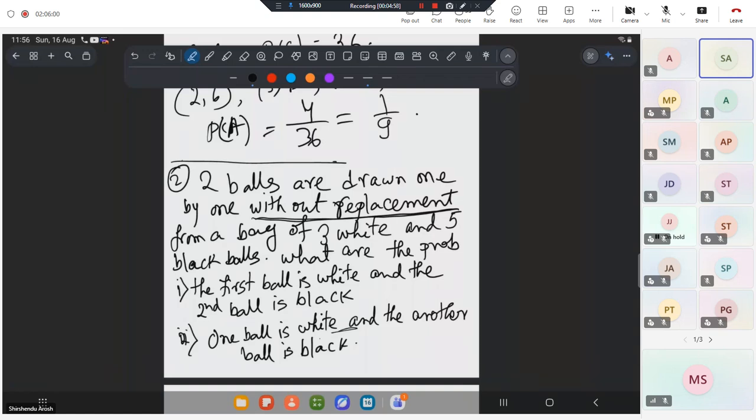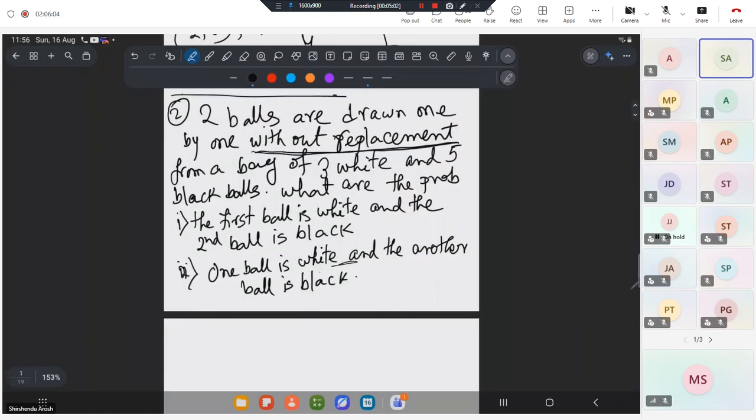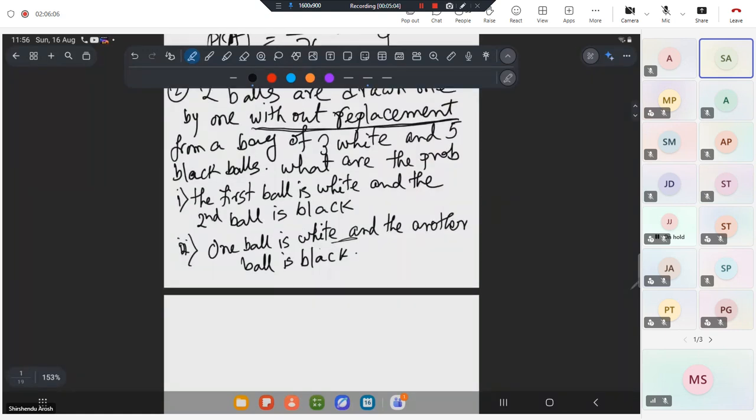So now, say two balls are drawn from one bag. It is always better to draw the box. In this case we have 3 white balls and 5 black balls. If I'm solving the first problem, the first ball has to be white and the second ball has to be black.